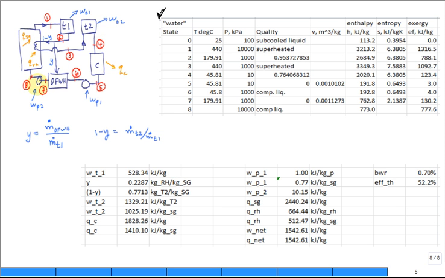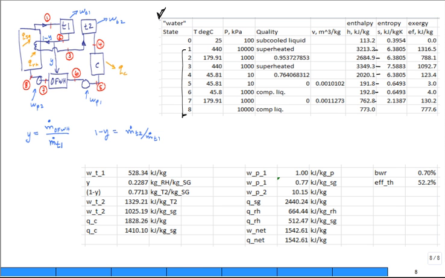We have the 2 Qs in the steam generator, the first pass and then the reheat pass. And then we have the Q out of the condenser. In order to calculate all those, I just need to get a table of properties, state 1 through state 8, temperatures and pressures, and here are the enthalpies, which are the keys.